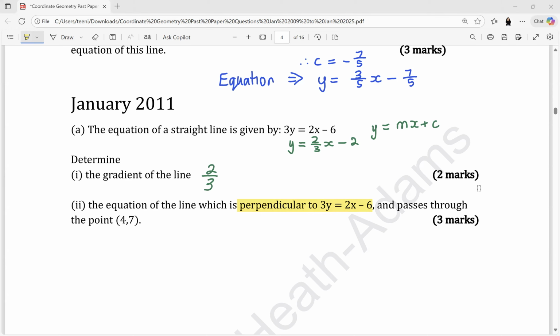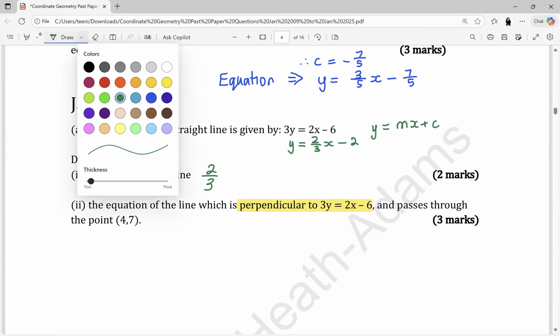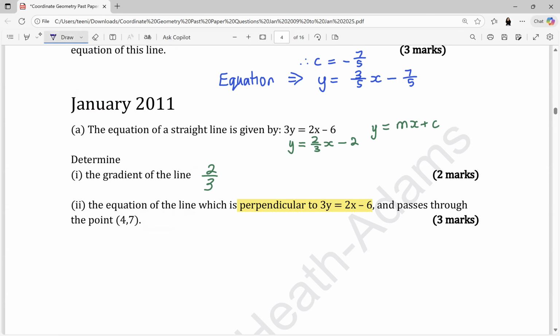Fire, tell us. What do you know about the gradients of perpendicular lines? The product of it is -1. The product is -1. So that means if this line is perpendicular to this one here, whose gradient is 2/3, what would be the gradient of this perpendicular line?